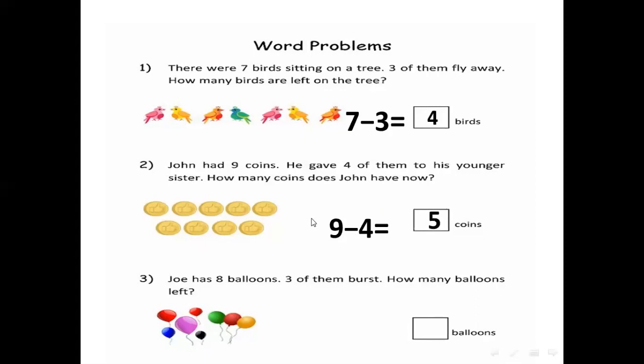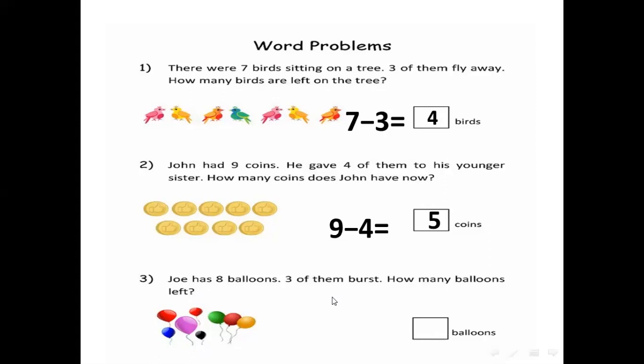The last one here, who can do it with me? I want Kenda. Kenda, can you hear me, honey? Yes. Okay, Kenda, let's read the problem together. Joe has 8 balloons. 3 of them burst. How many balloons are left? What will we do here, Kenda?